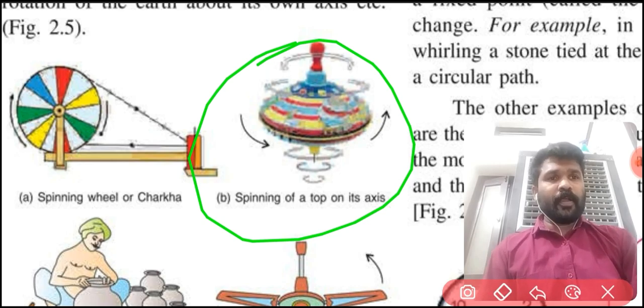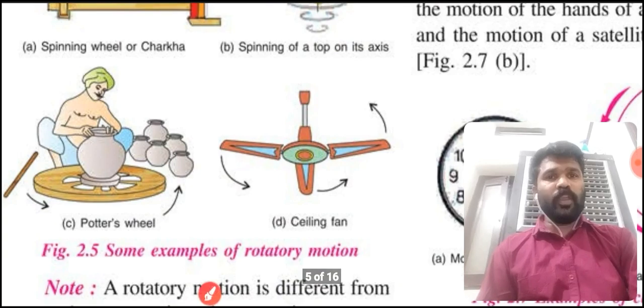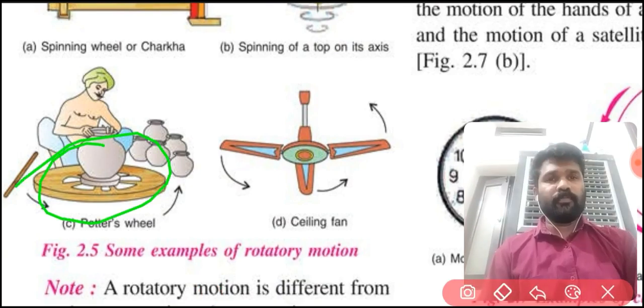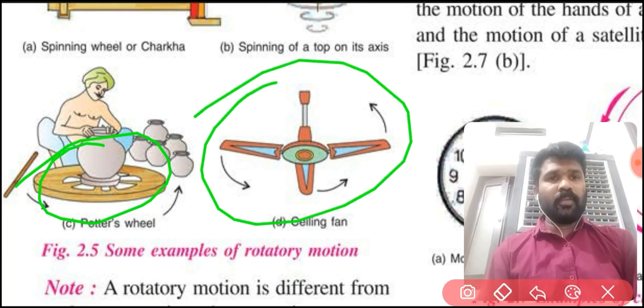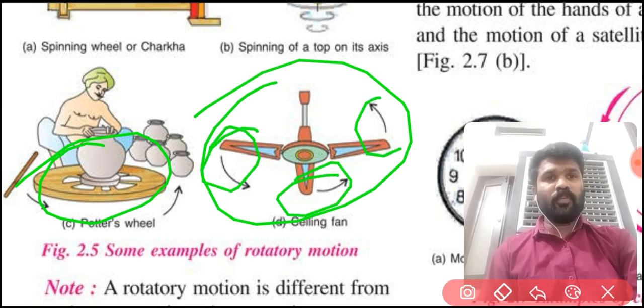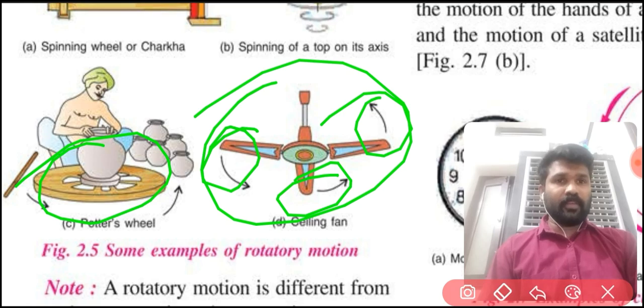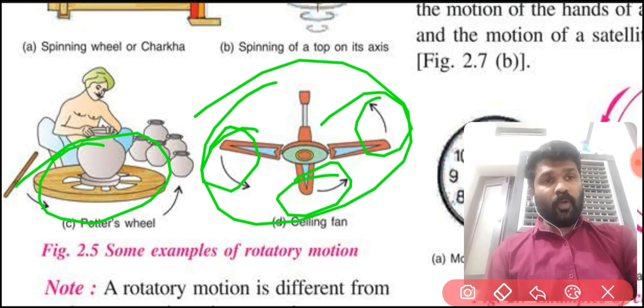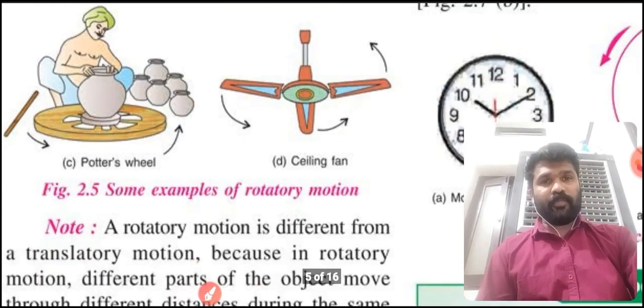Another one, a potter's wheel. It is also a good example of a rotatory motion. Another one, our familiar example, the ceiling fan. Just observe the blades of the fan. It moves in a rotatory path. So these are all examples of rotatory motion.